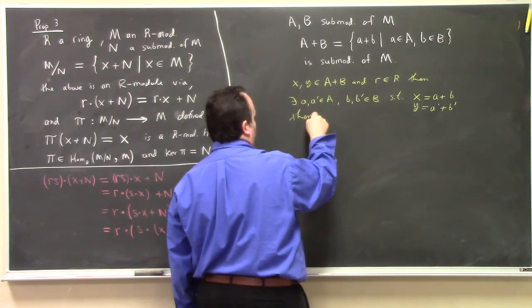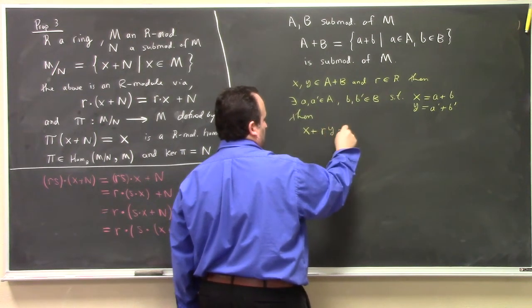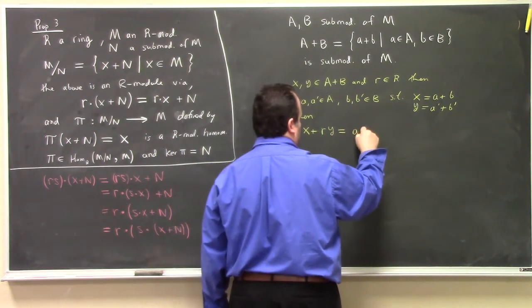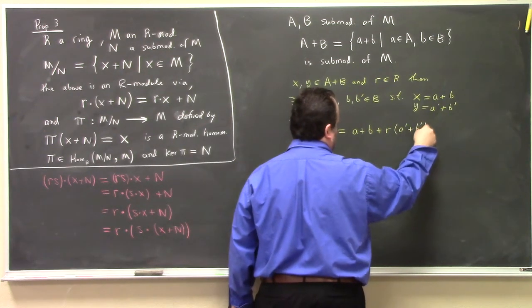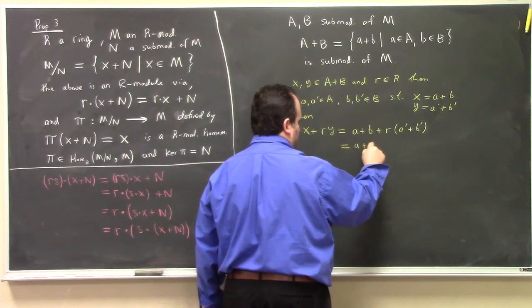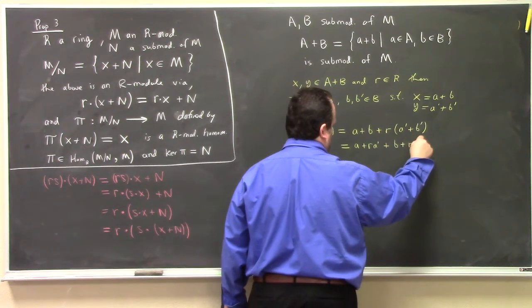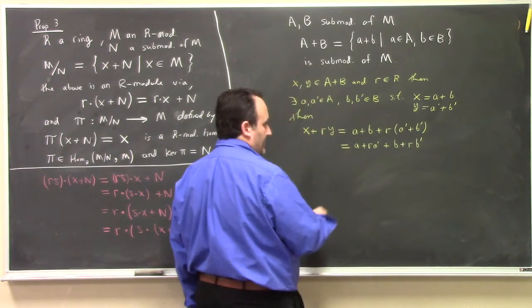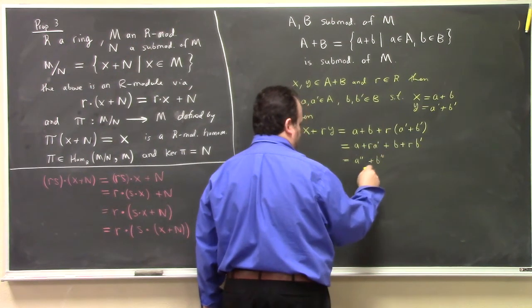Then x plus ry is a plus b plus r times a prime plus b prime, which is equal to a plus r a prime plus b plus r b prime, which is equal to a double prime plus b double prime.